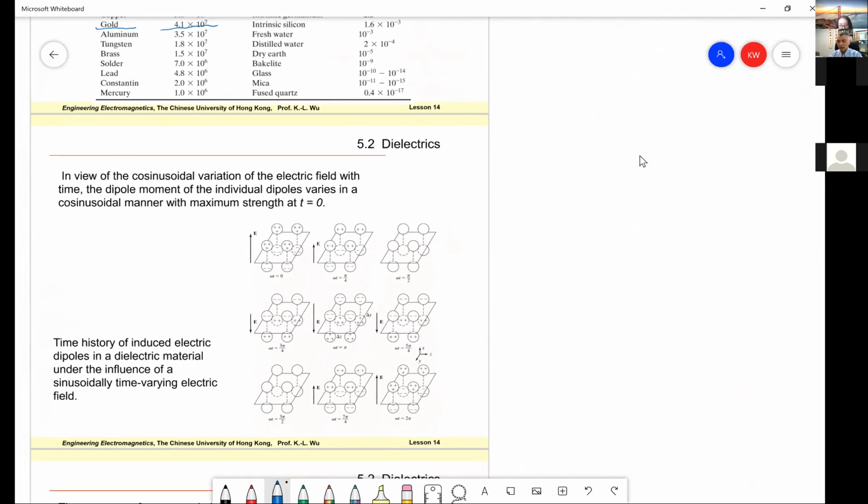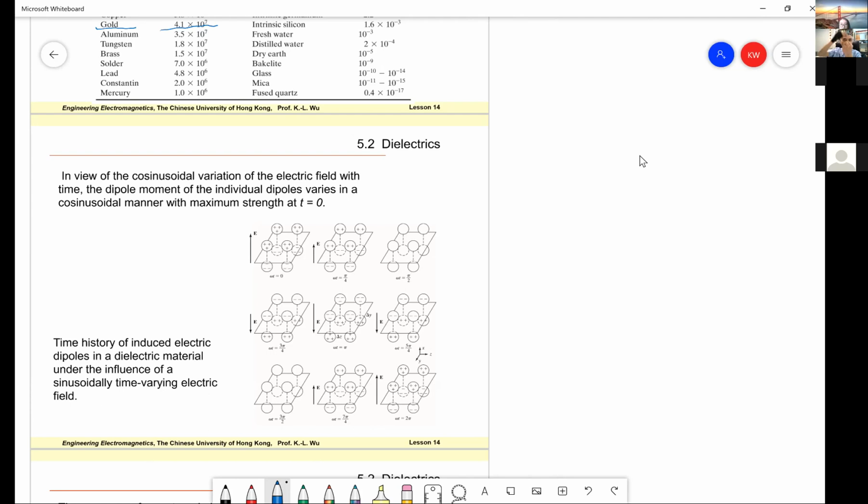Now let's look at the dielectric. If I put in a dielectric, we have a nucleus and electrons, but they are bonded to the nucleus, those electrons not moving away. However, when we apply an electrical field, the nucleus is a positive charge and the electrons are negative charge.